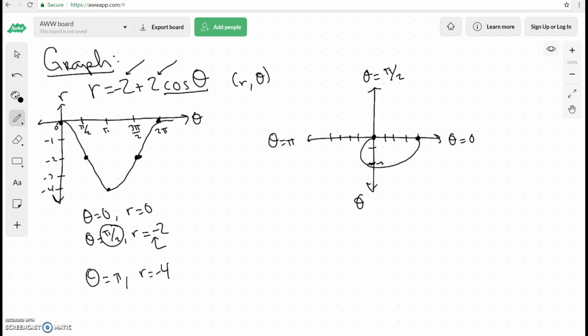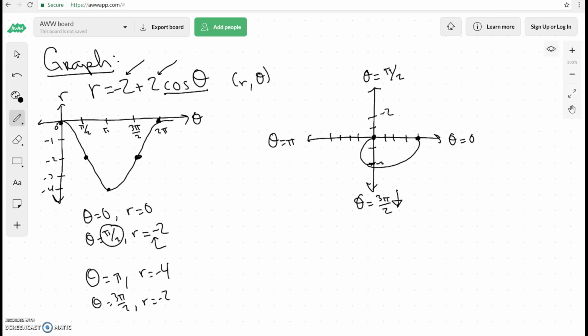Now, at theta equals 3 pi over 2. Sorry, not pi over 3. At 3 pi over 2, my radius is going to be -2. Theta equals 3 pi over 2 is going to go this direction, but since the radius is negative, we're going to go the opposite. So we're going to go down to -2 over here.